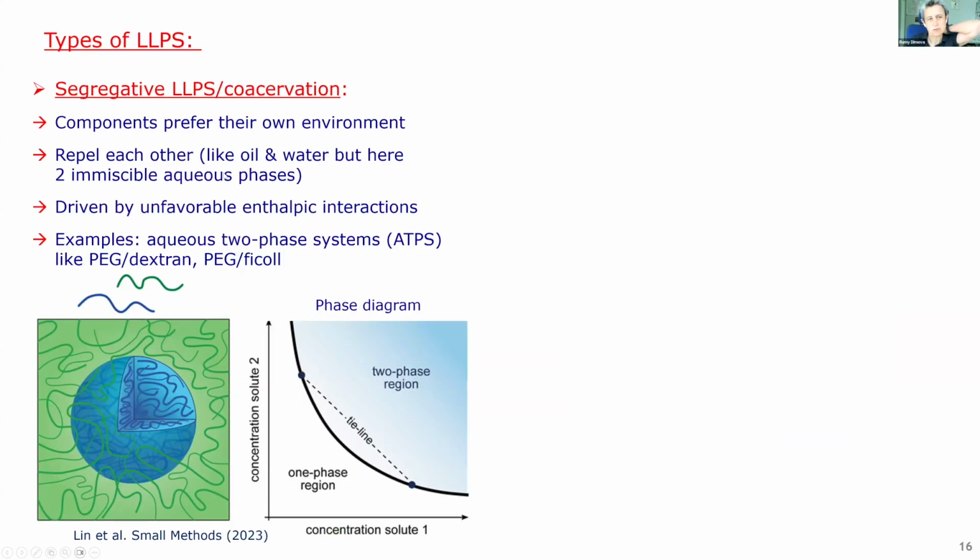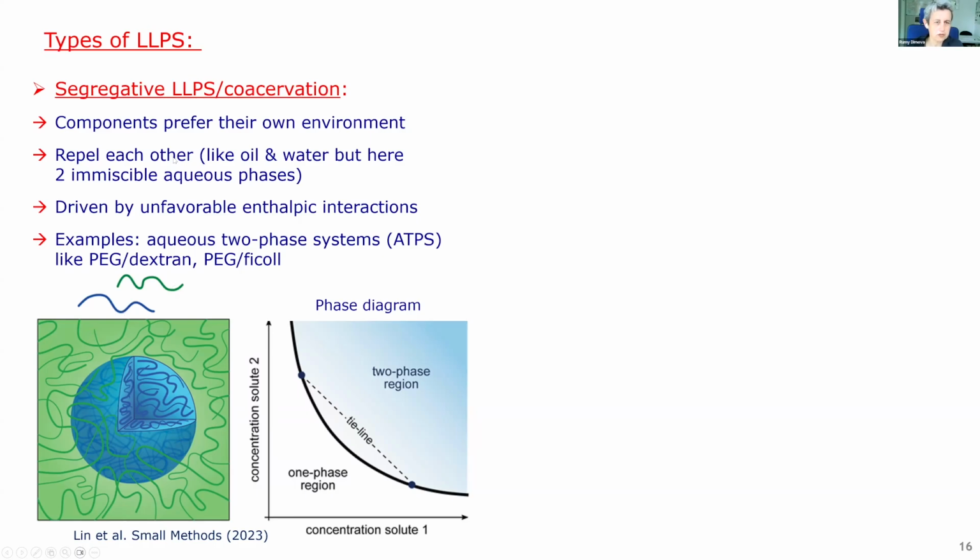Now, with the next couple of slides, I'm going to review the types of liquid-liquid phase separation in the bulk. The first one is segregative liquid-liquid phase separation, also called coacervation, where the two different components prefer their own environment. You have a blue and a green polymer, and they phase separate, forming a phase rich in one of them, and the other phase is rich in the other one.